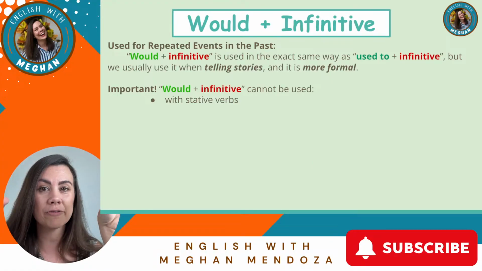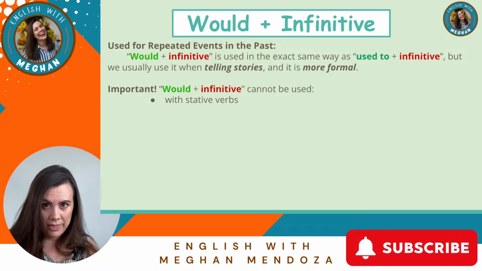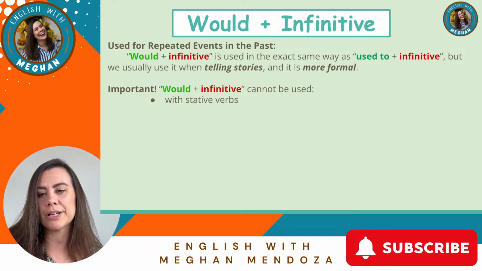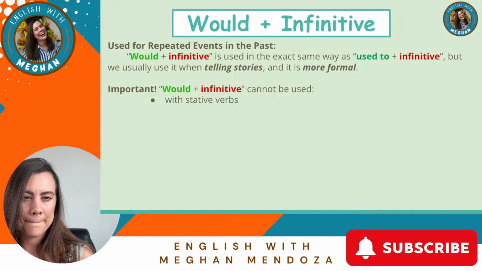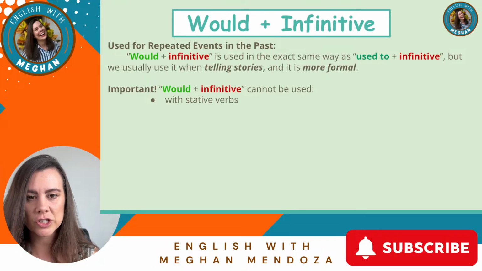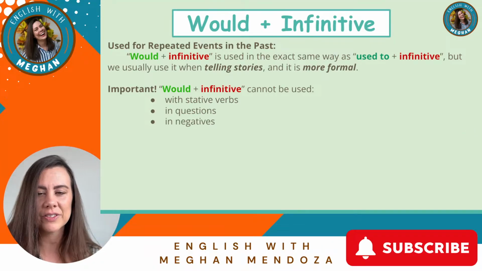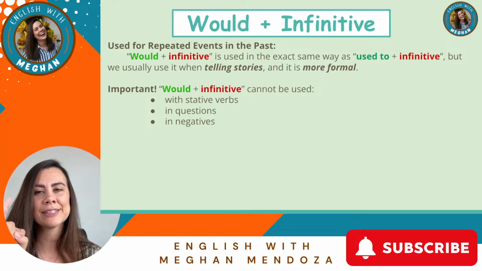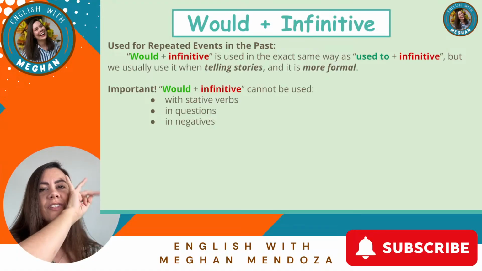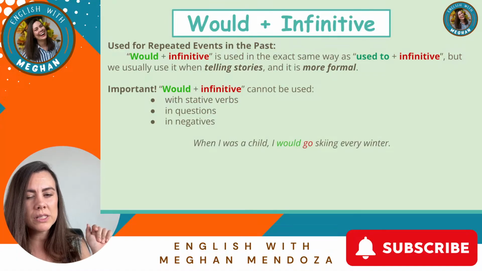These are all stative verbs, and we do not use would with them to mean this, when we're talking about past actions or states. Also in questions and also in negatives. So would is just like used to, except not in questions, not in negatives, and not in stative verbs. Those three things. Easy peasy lemon squeezy.